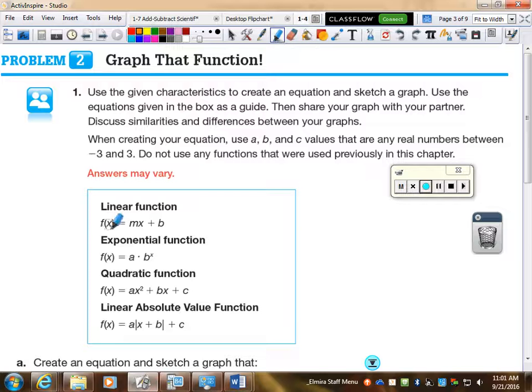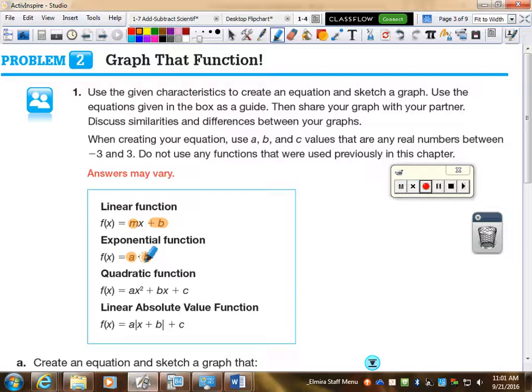Every time you're writing an equation, you might want to refer back to this chart to see what it should look like. Okay, so for example, if you're asked to write a linear function, then m and b could be numbers that you have some creative license to make up. Exponential functions, you need to come up with an a and a b. Okay, when you're creating them, you're coming up with whatever you want it to be.